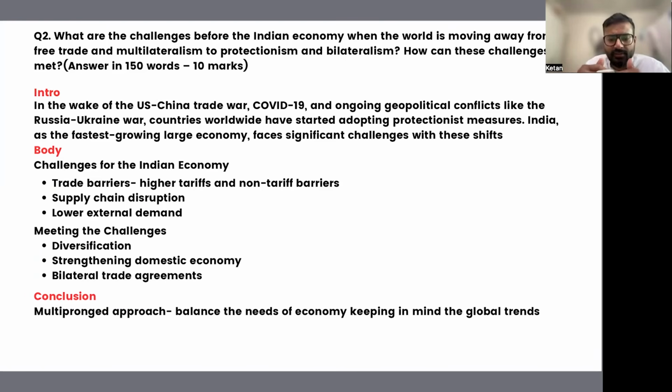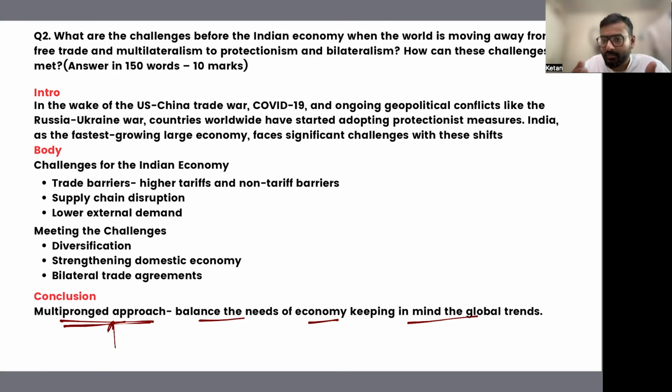And the conclusion, of course, can always be a little forward looking: going forward, what India needs to do. And this word is very important, it can be used in a lot of answers. India needs to adopt a multi-pronged approach, which means it has to work in different dimensions, right? So it needs to balance the needs of the economy while keeping in mind the global trends.